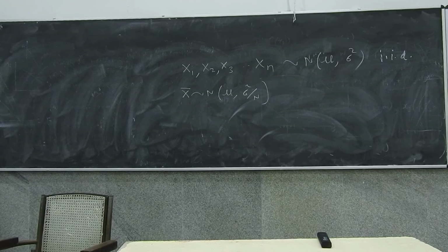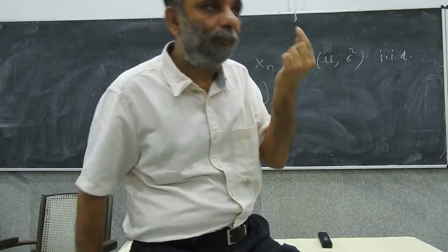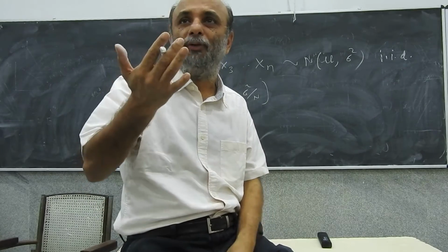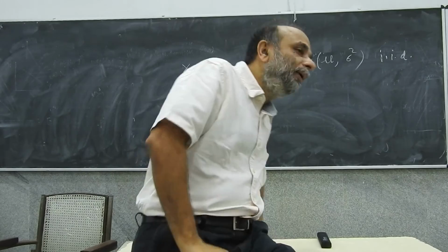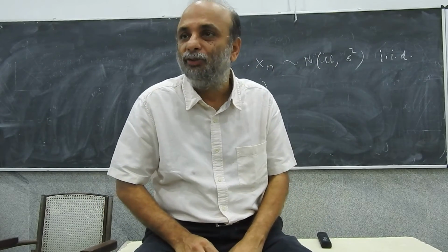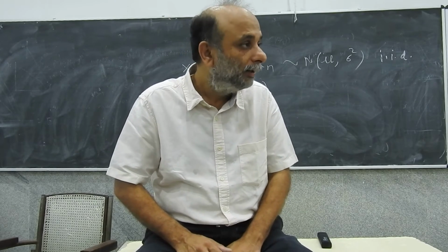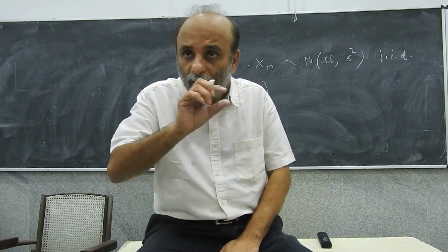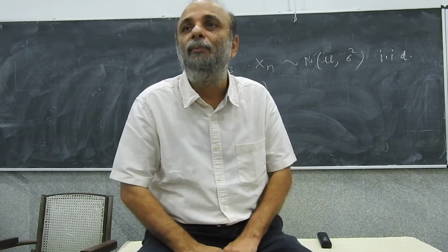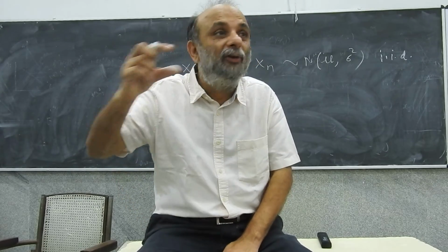Which means that if I take mu, so think of x bar based on a sample of size 2. Think of x bar based on a sample of size 3. Think of x bar based on a sample of size 4. So on and so forth. Right? Okay? So you can think of x bar based on a sample of size 2, x bar based on a sample of size 3, x bar based on a sample of size 4, so on as a sequence.